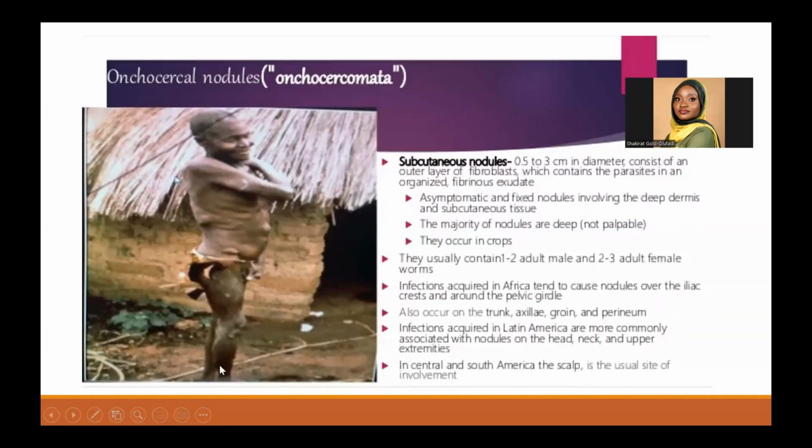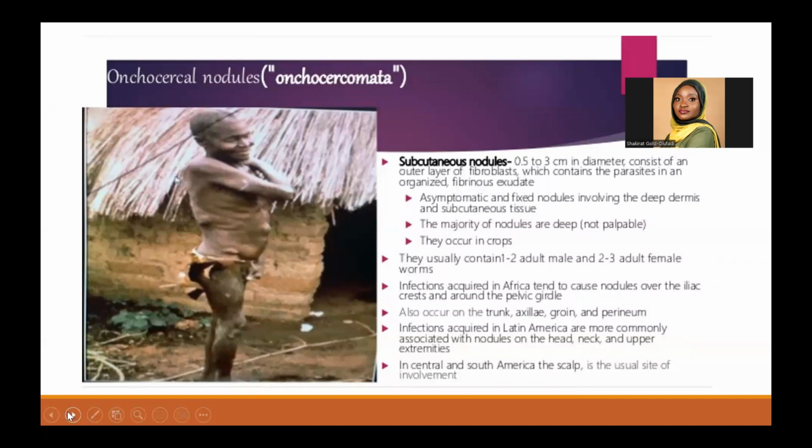Now, finally, we have the nodules. These are pockets of the large worm. Remember, we said the worm is really large and long, 50 centimeters in length. So it curls around and causes nodules on the skin, as we can see here. And these nodules are usually asymptomatic, just underneath the skin surface, involving the deep dermal layers and the subcutaneous tissue where the worms like to live.